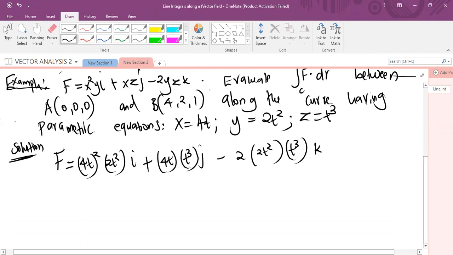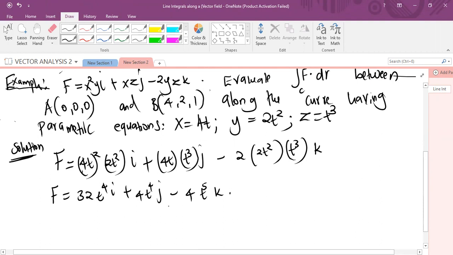So our F simplifies to 16 times 2 is 32t to the power 4 i, plus 4t raised to power 4 j, minus 2 times 2, 4, so 4t raised to power 5 k. Done. So we've already expressed F in terms of our new variable, which is t.